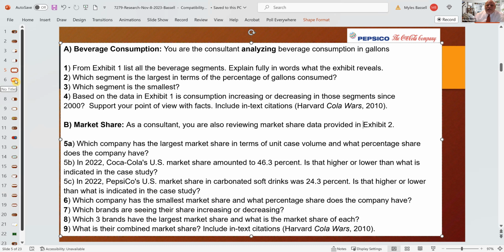So again, these exhibits are in the case. I'm giving you these questions to help guide you, to draw your attention and get you to think about what is important in those exhibits. So instead of just saying, analyze that table, you would say, thanks a lot, coach.